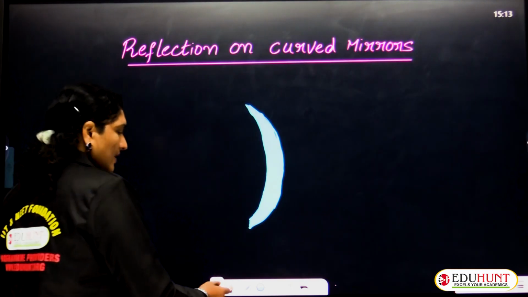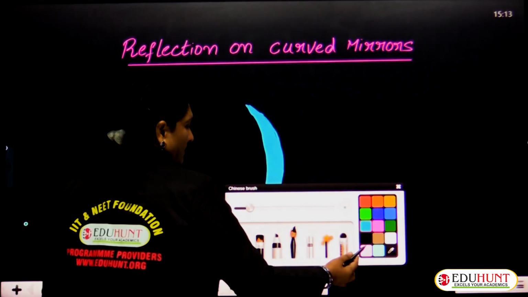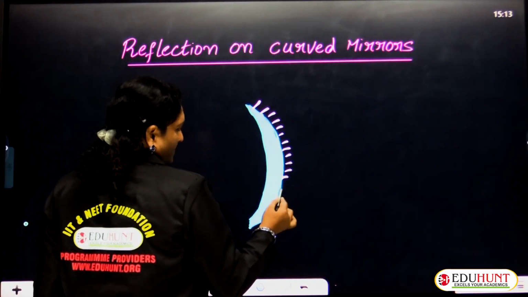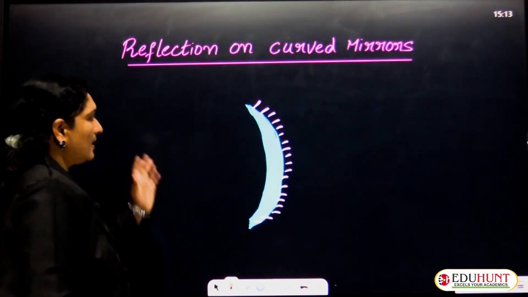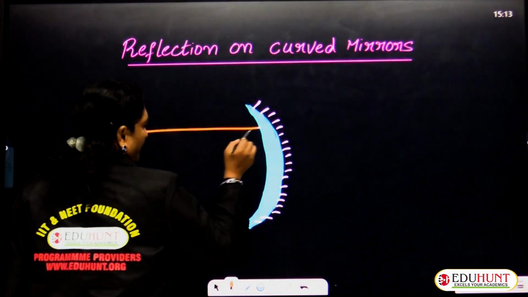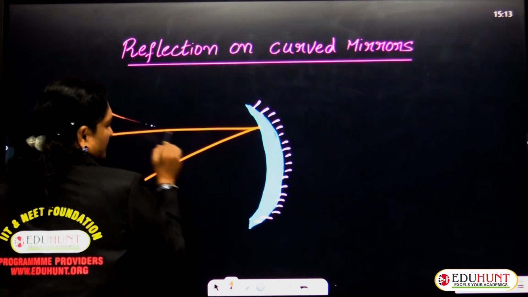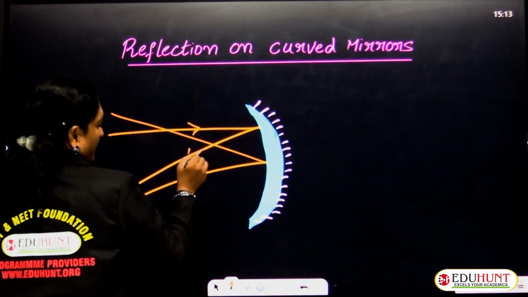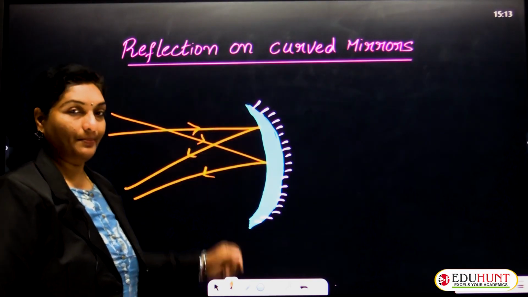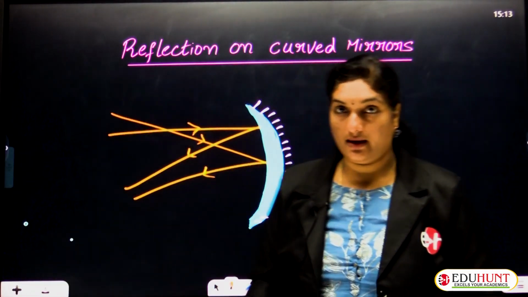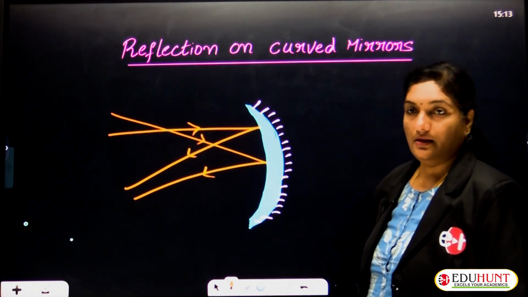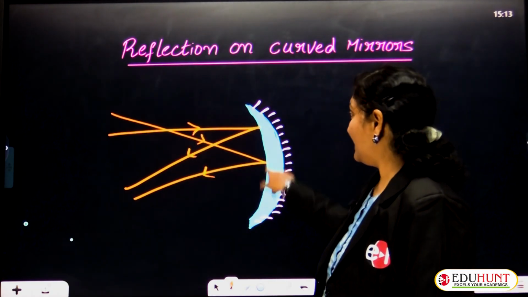Suppose this one is coated from outside. Then whenever the light falls on the inner region, it will get reflected, something like this. The portion of the mirror which reflects the light will be the inside portion.